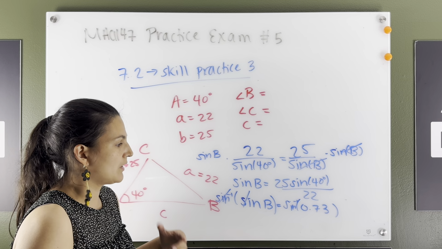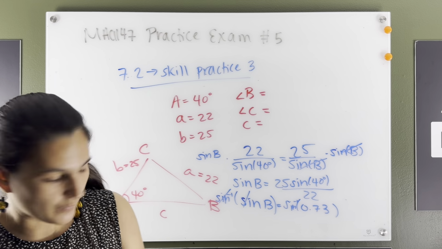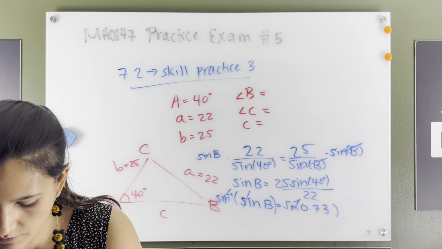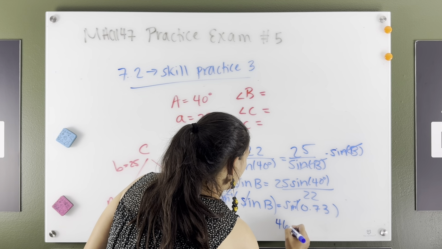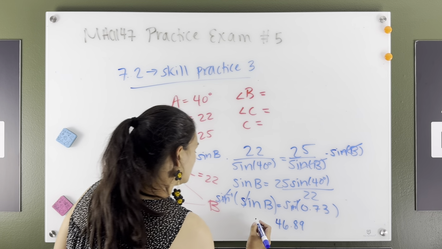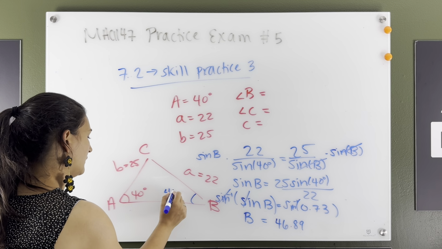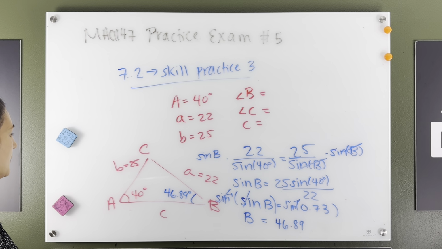So it's going to give us an angle in the first quadrant or the fourth quadrant, right? Okay, so when we plug this in, arc sine of 0.73 gives us 46.89. That's clearly in the first quadrant.